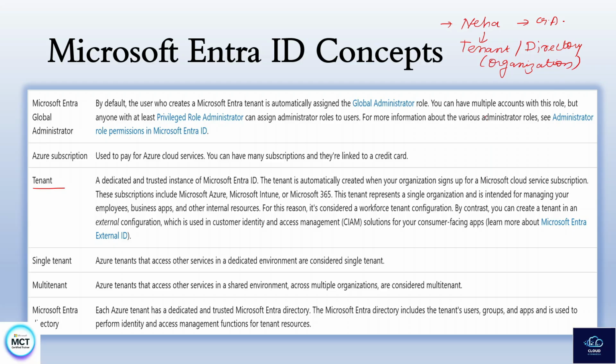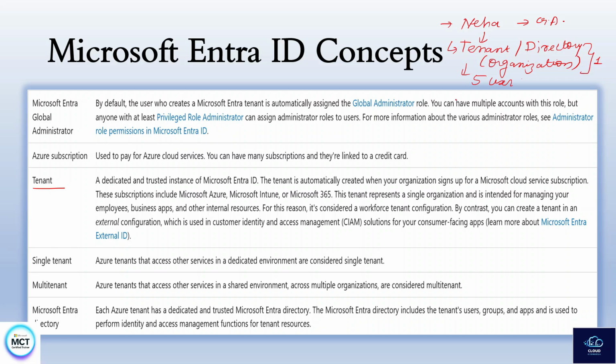Now, Neha can do one thing. Neha has one organization into which she wants to add 5 user accounts and give them permissions, like dev test administrator, or maybe VM contributor, reader, and so on. Now, this is all about organization one.